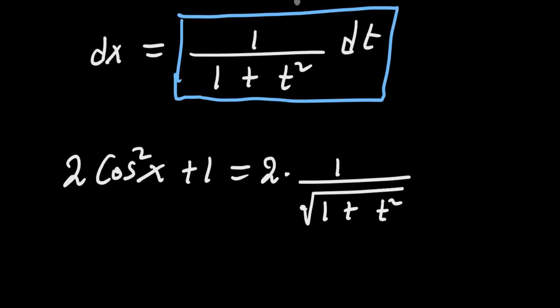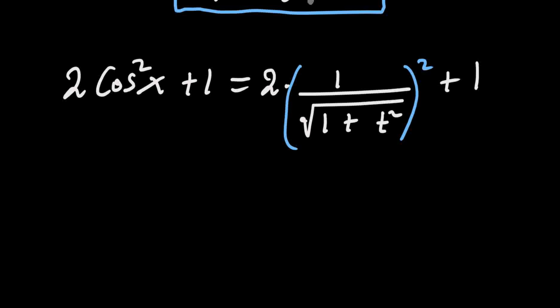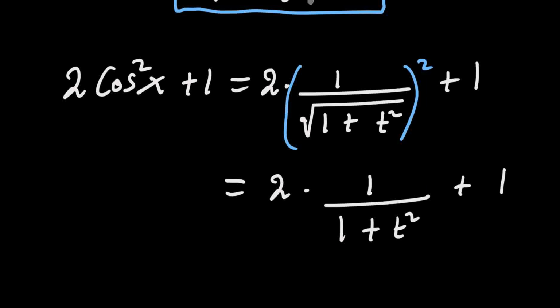And because we have cos squared x, we can simply square this, and plus 1. So this will be equal to 2 times 1 squared is 1, over root 1 plus t squared squared, which would be 1 plus t squared, plus 1.